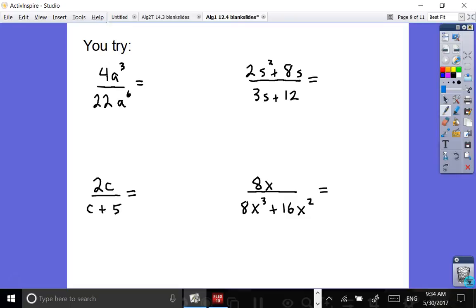That'll make it look like this: 2a to the third times 2, divided by 2a to the third times 11a to the third. And then you cancel the common factor. So the answer is 2 over 11a to the third.